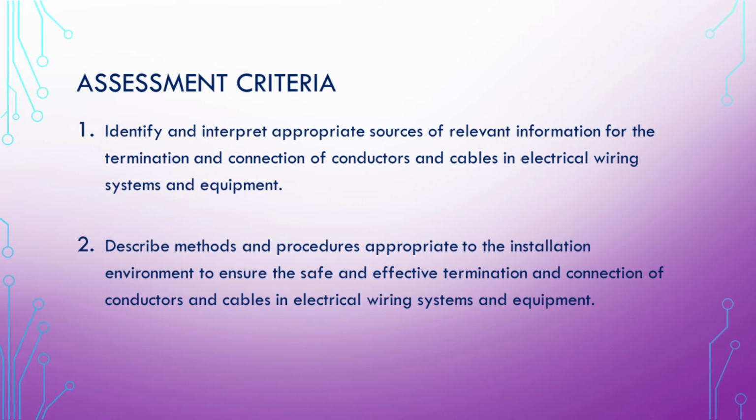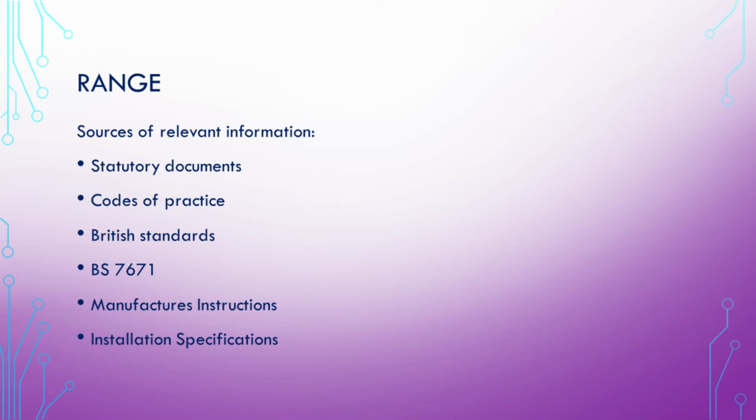The range for this unit comes into a lot of different areas. You may not realise, but there's lots of documentation that you use that's there to assist you in your completion of the task.